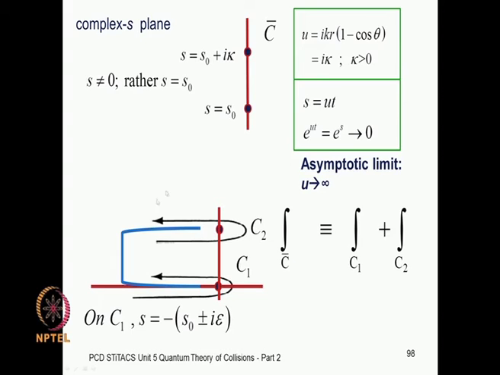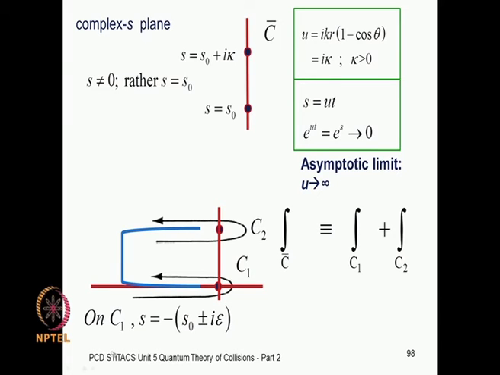So to get to the real axis itself from this s0, if you subtract this s0, then on this contour C1 the value of s will be minus s0, because you will have to subtract that to get to the real axis, and then you will have to add or subtract a little bit of distance orthogonal to the real axis, which will be i epsilon, because the contour will be infinitesimally close to the real axis, just at epsilon distance above it and epsilon below that.